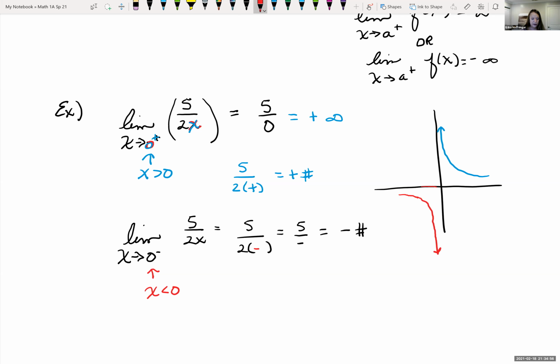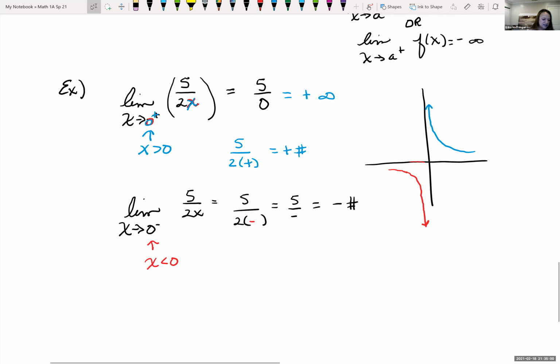Let's pull in a little more of what we've learned. Notice as we go off to positive infinity, if the limit as x is going to positive infinity of this 5 over 2x, well, this is equal to 5 over some huge number, infinity.